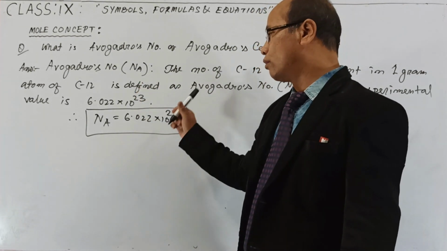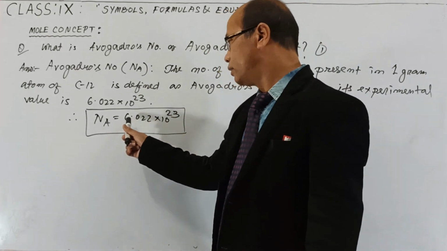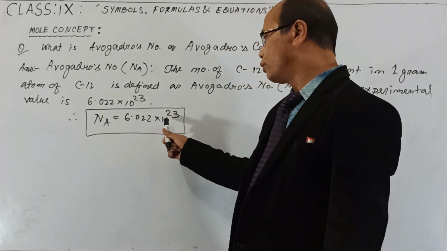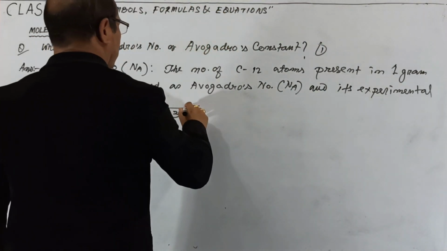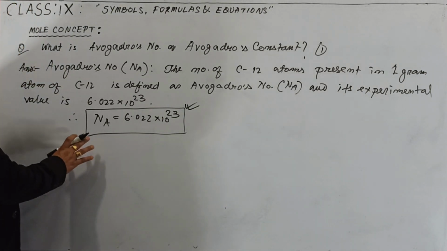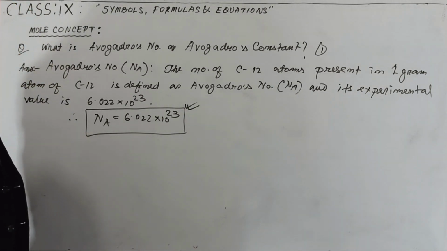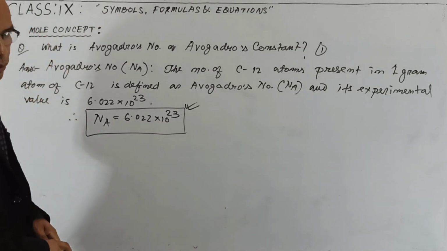That fixed number is called Avogadro number or Avogadro constant. So simply you can write Avogadro number is equal to 6.022 × 10^23. It's a very important number. You just get it by heart. And since we know the definition of Avogadro number or Avogadro constant, then we can come to mole. Let us see what is mole.